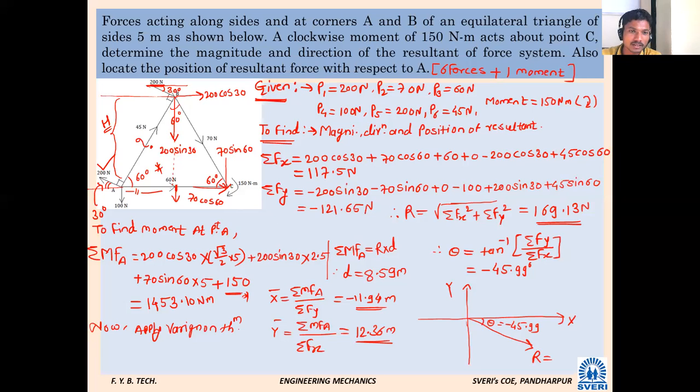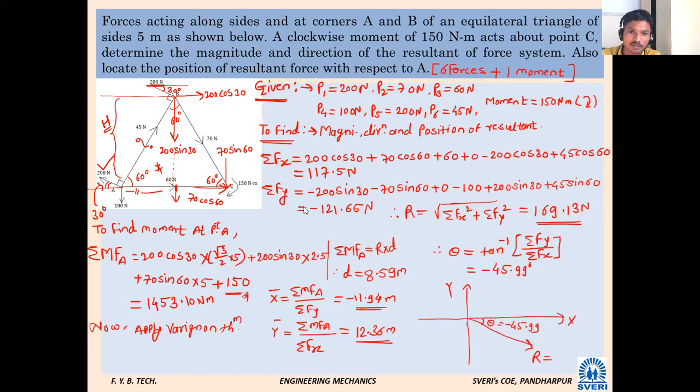If in one of the cases moment is given, are you thinking about this? Whether we have considered this 150 Newton meter moment while calculating summation Fx and Fy? No, sir. We have not considered. We should not consider it anywhere while calculating summation Fx and summation Fy.